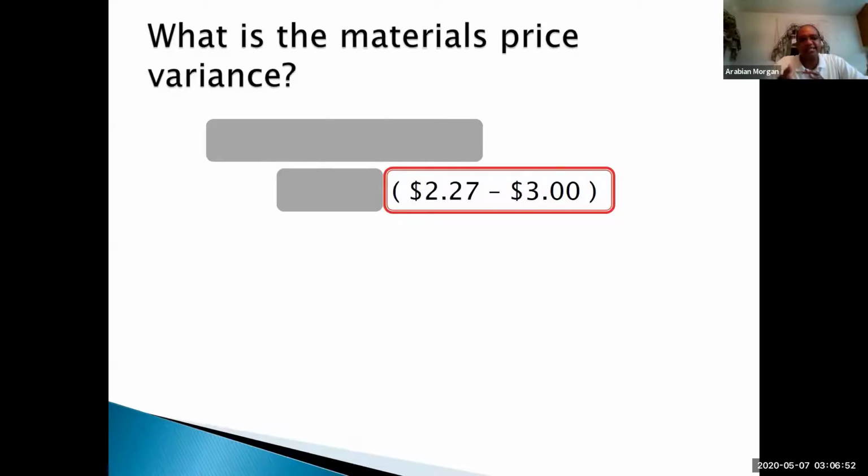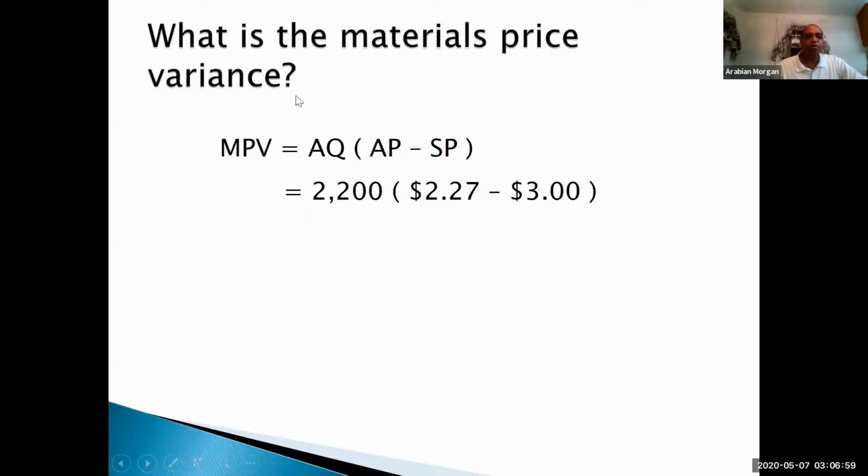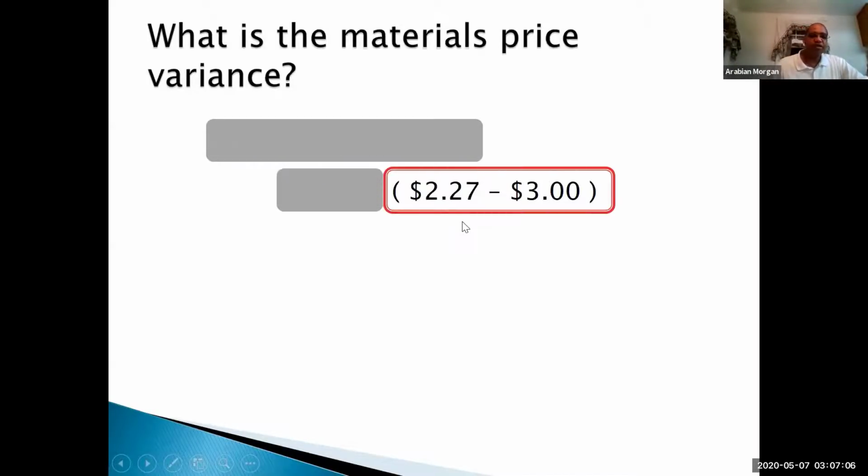Remember, inside the parentheses is the actual price minus the standard price. So this $2.27 is the actual price. The $3 is the standard price. This information inside the parentheses is going to help us determine if the variance is favorable or unfavorable.